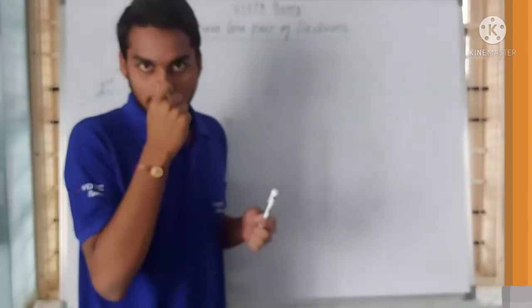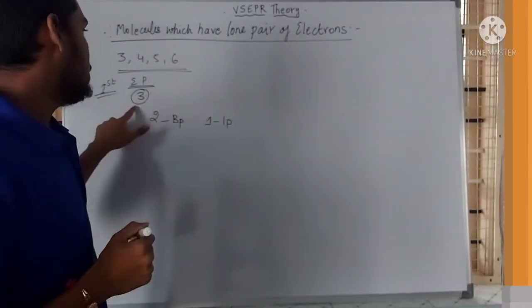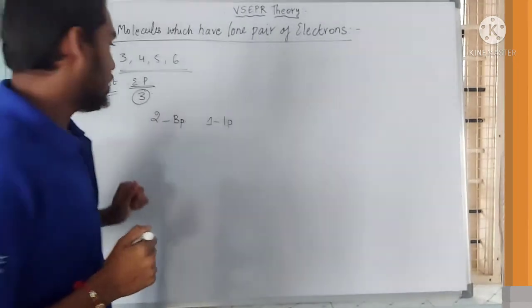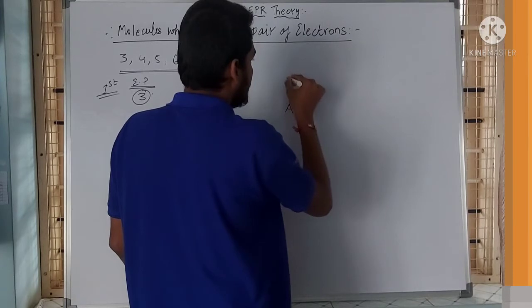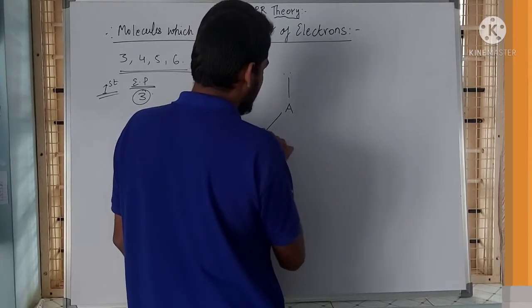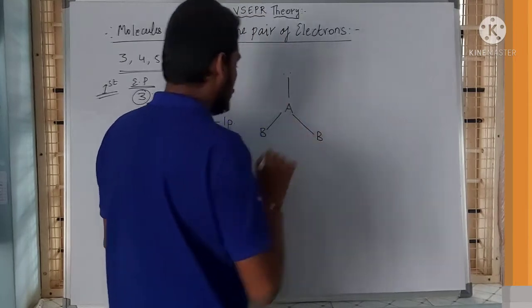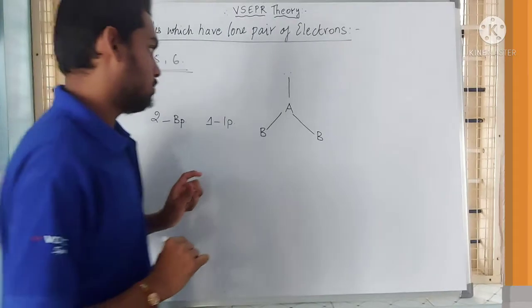So let us see the geometry of the structure if it has 3 electron pairs. Let here be the central atom, then let this be the electron pair, and this be one atom, and this be the other. So I have two bonding pairs and one lone pair.